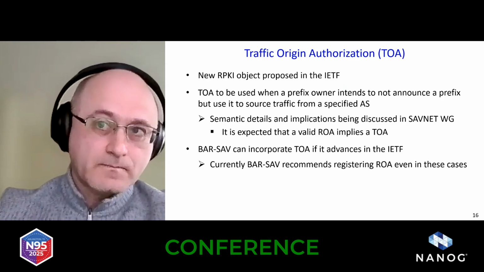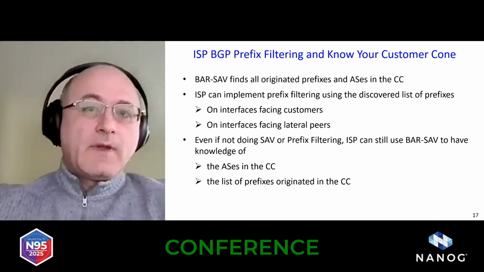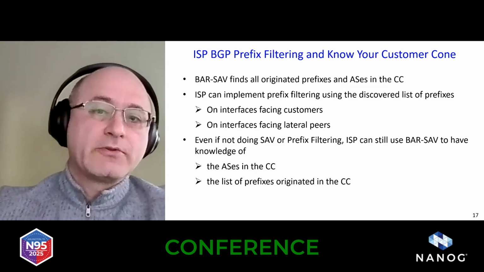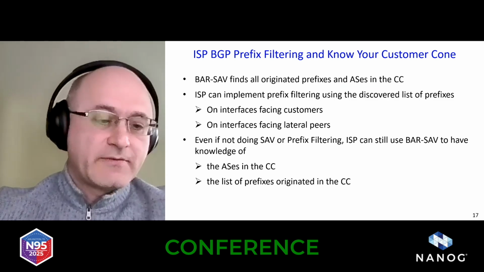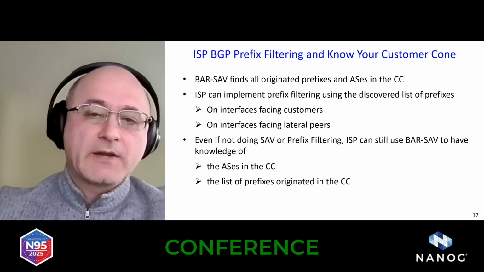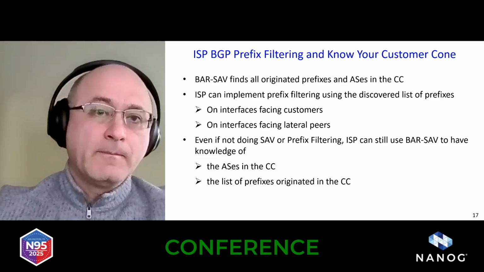And now, so far, we've been talking about using BAR-SAV for source address validation, for basically creating prefix lists for blocking spoofed traffic. That's what it was developed for.